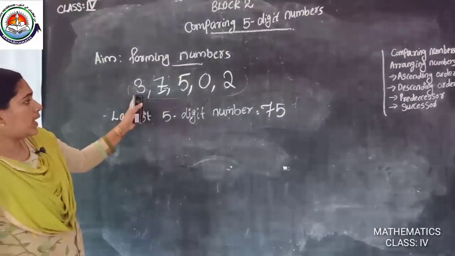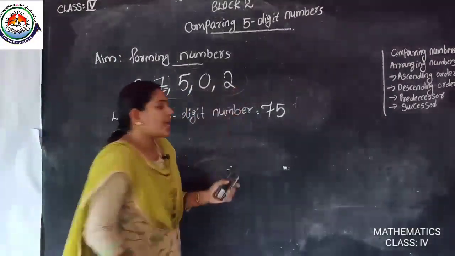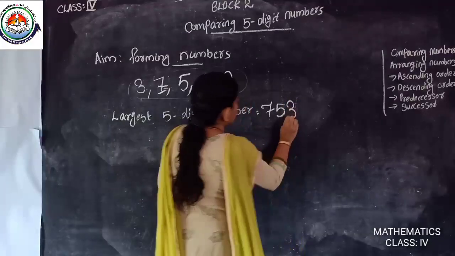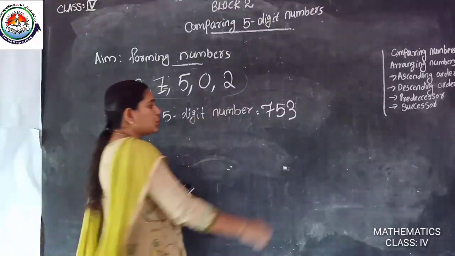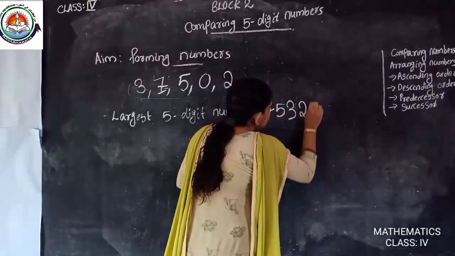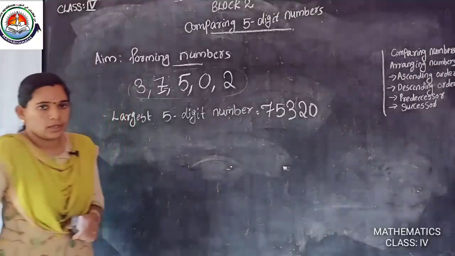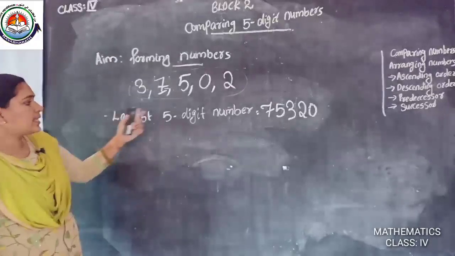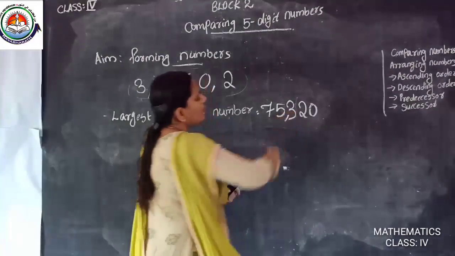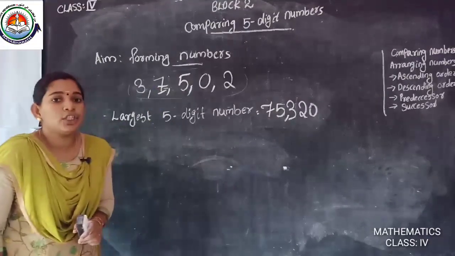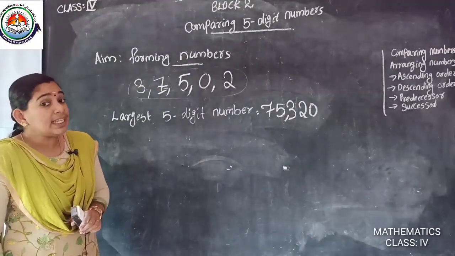Next from 3, 0, 2: 3. The next from 0, 2, which is larger? 2. Then 0. Okay. The largest 5-digit number is 75,320.